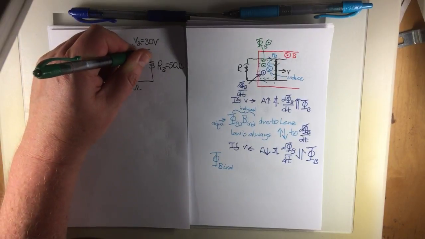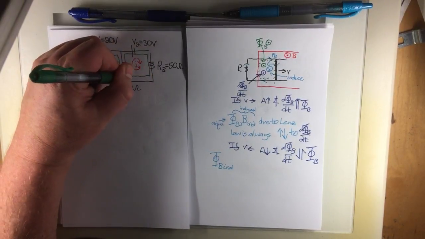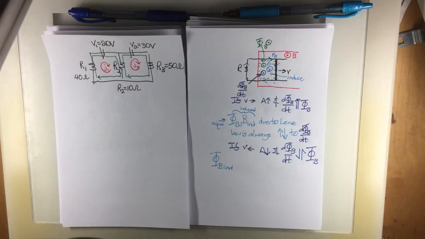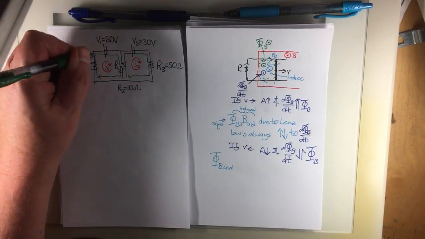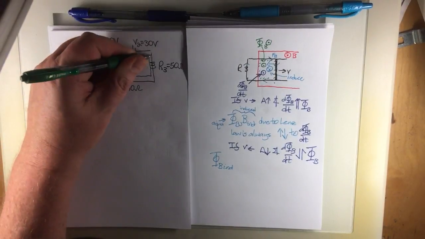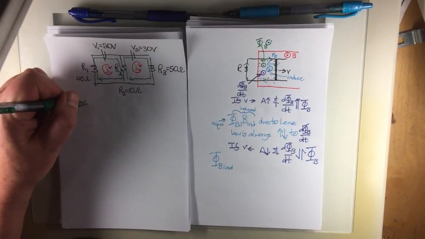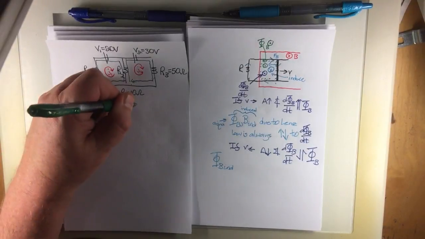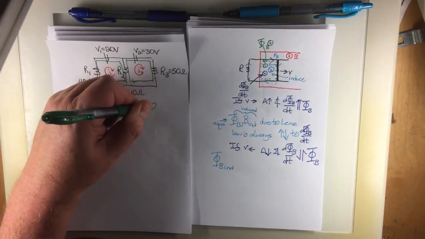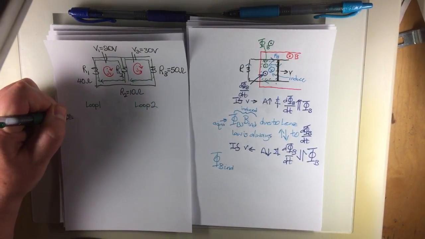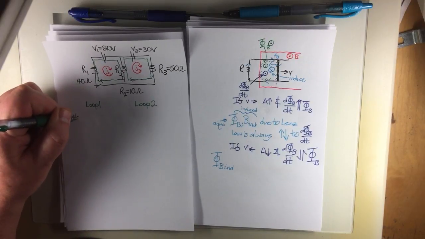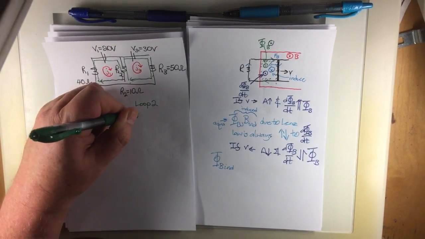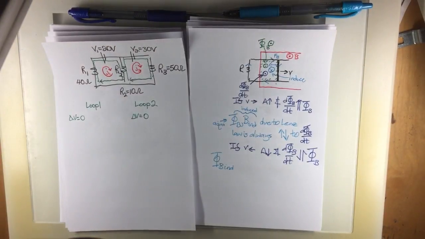You may choose to pick whatever corner you like to start off with. I typically pick the left lower. Why? I don't know. I'm just consistent that way. I set up two loops, loop 1 and loop 2, and I know that the delta V for loop 1 will be 0, and the delta V for loop 2 would be 0 as well.